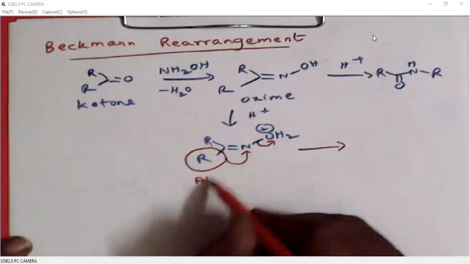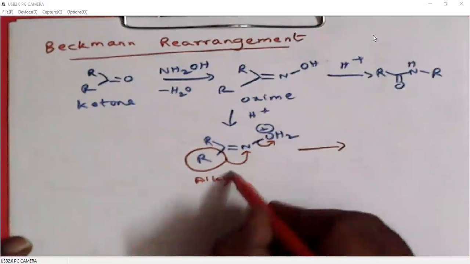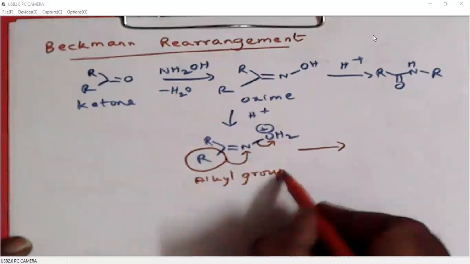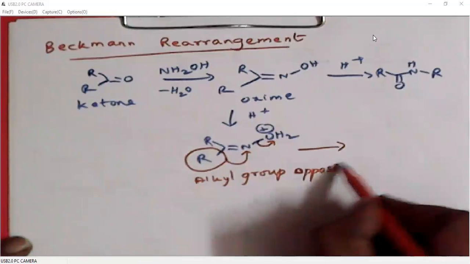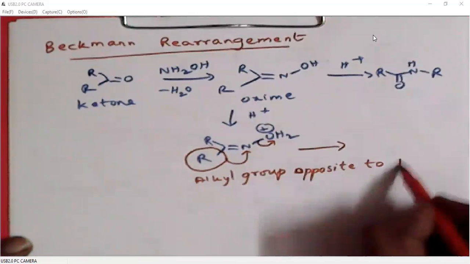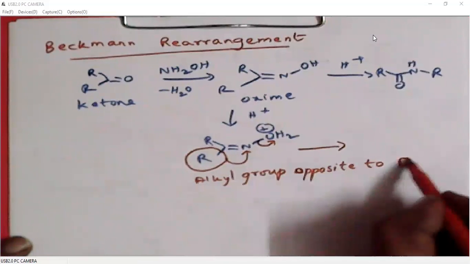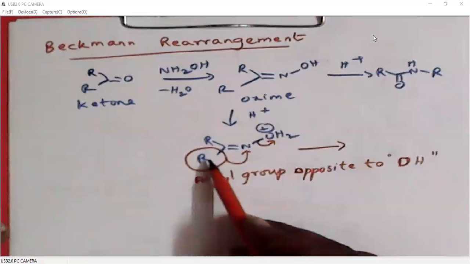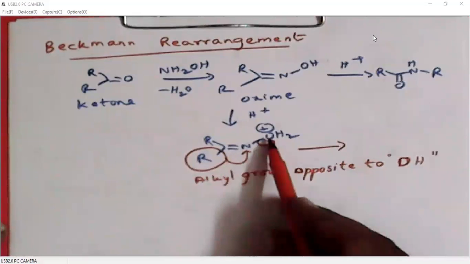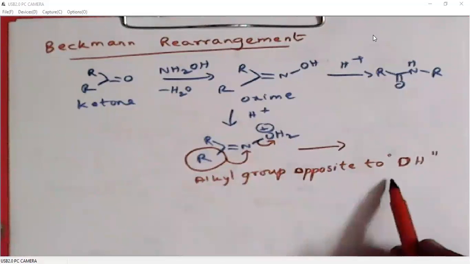Alkyl group which is opposite to OH will preferentially migrate over the other alkyl group. Alkyl group which is opposite to the OH group will preferentially migrate in the Beckmann rearrangement.